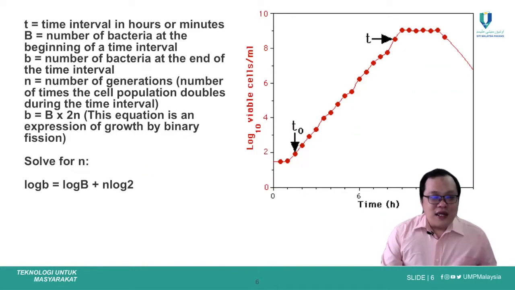To calculate generation time by using the formula, generation time equals the time interval divided by the number of generations. These are the several parameters that we're going to use for the calculation.